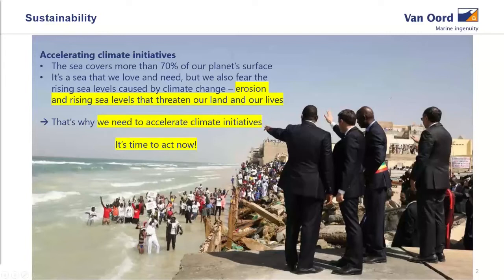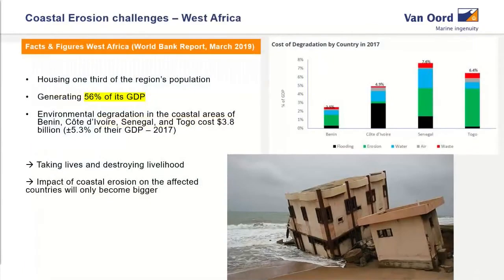So these three stakeholders, the local community, fishermen, and the tourism industry, have a declining income. And how important is this income for these people? It's like half of their gross domestic product is generated in this part of the world, on the coastline.